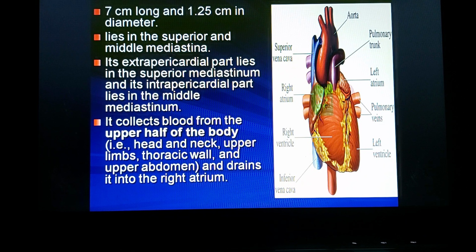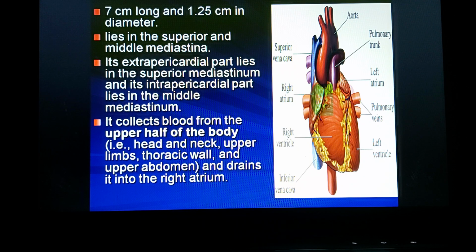Coming to the introduction, it is about 7 centimeters long and 1.25 centimeters in diameter. It lies in the superior and middle mediastinum.